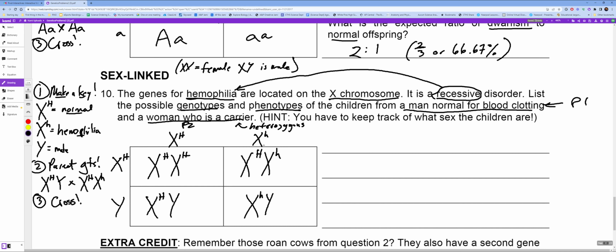Are they female or are they male? Do they have it? Do they not? Are they a carrier? So we want to look at the genotype and phenotype ratios here.